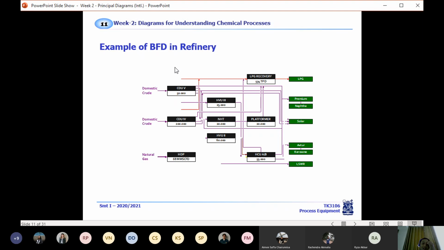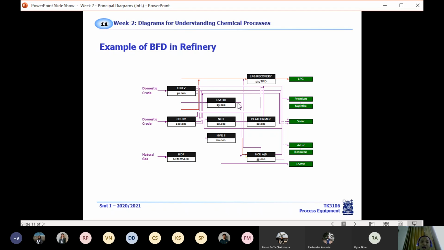And then this is the example of the block flow plan diagram for a refinery. I think this is from the Balikpapan refinery. Here we have a block of CDU and a block of HVU. CDU means the crude distillation unit.